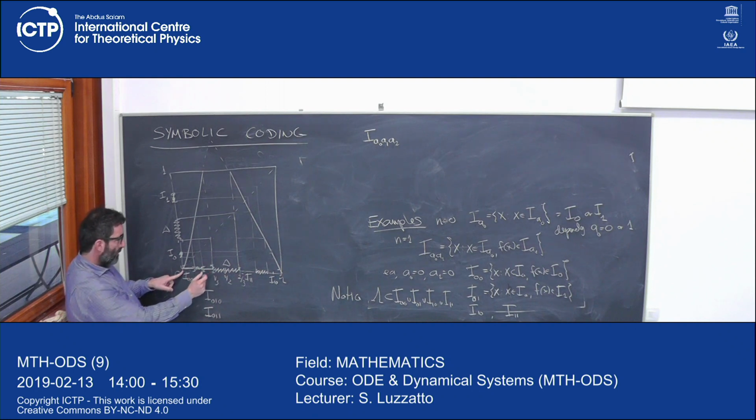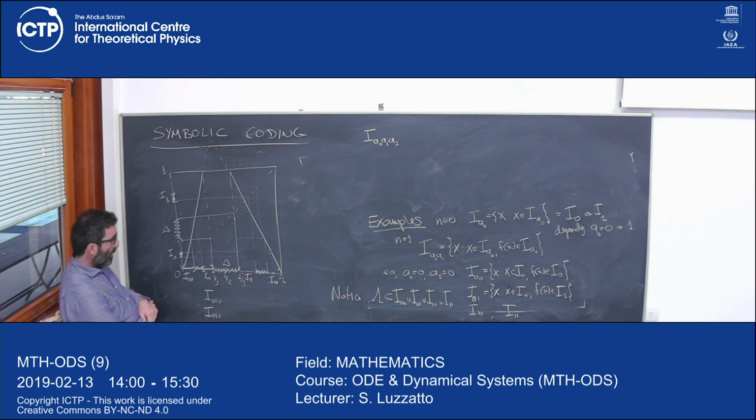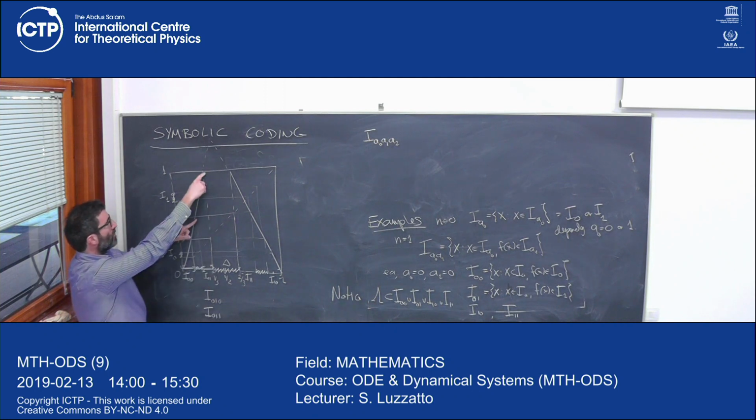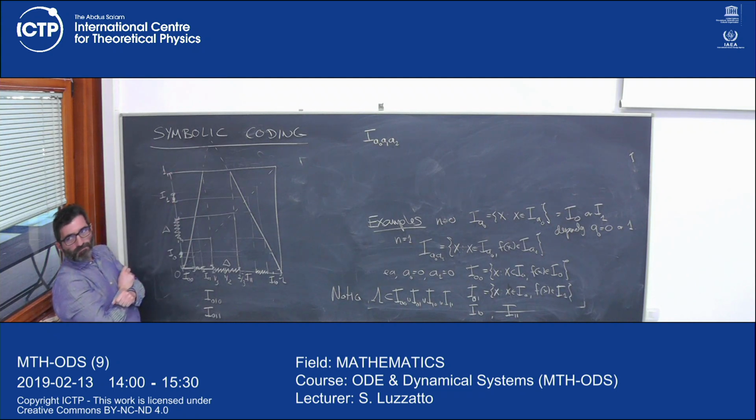So this is I01. Okay? And I01 maps to I1. Right?